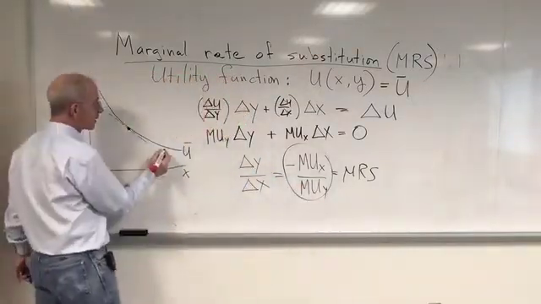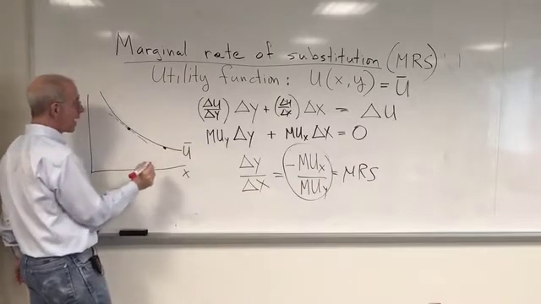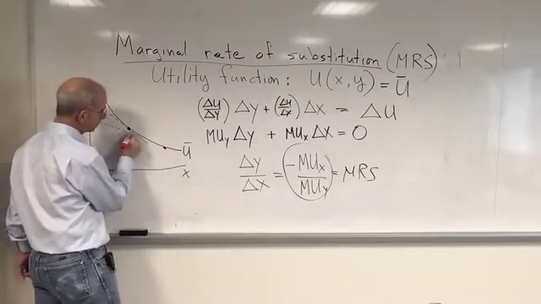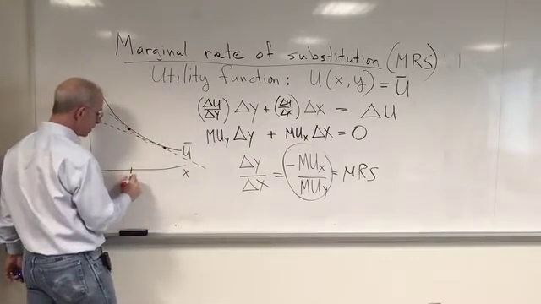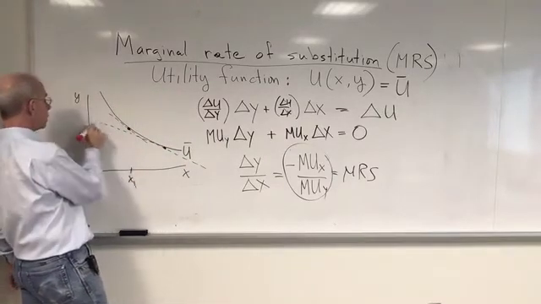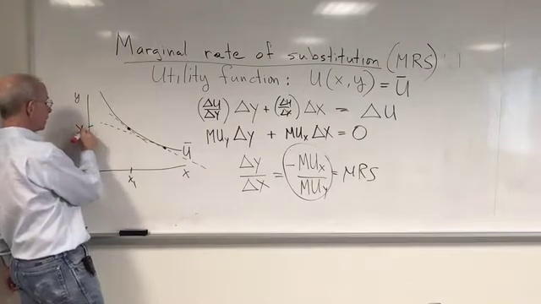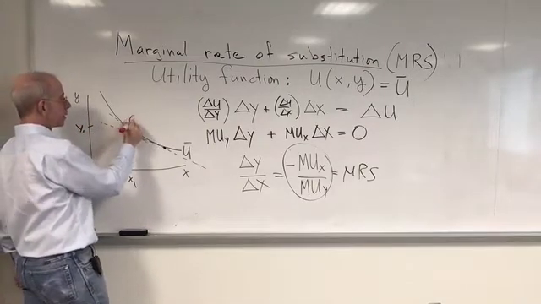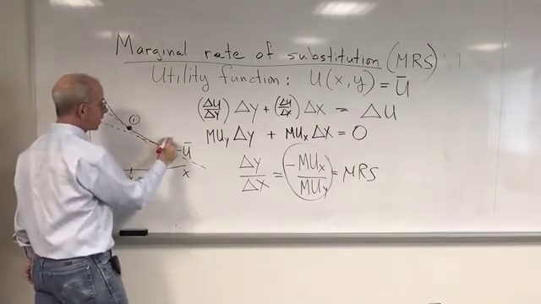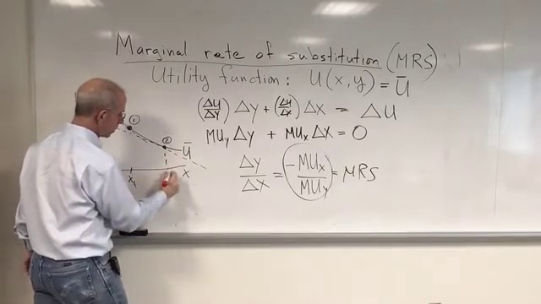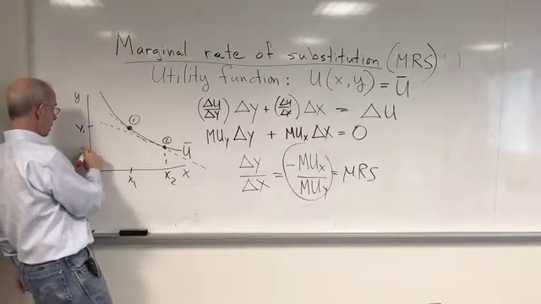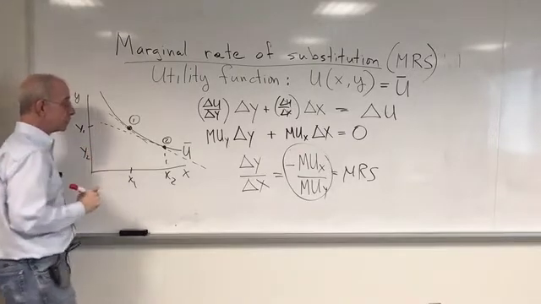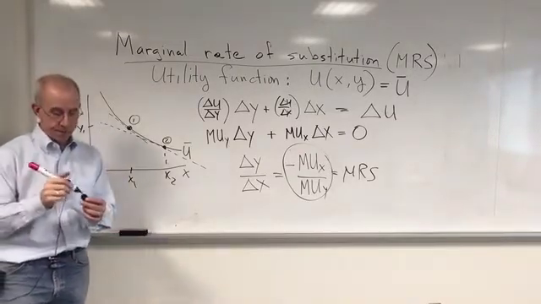Now I want you to think about what would happen if I consumed not X1 and Y1 at this point, but instead X2 and Y2. Now what's going on here?